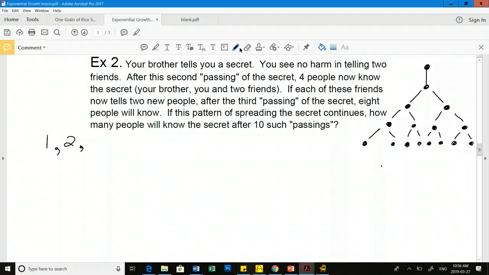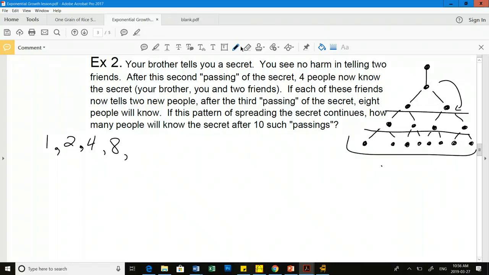So after the second passing, here, how many people know? Total, 4. And after the third passing, here, how many total people know? Yep. And then, how many people know after this passing? 16. Okay, and I think we can assume the pattern continues, right?